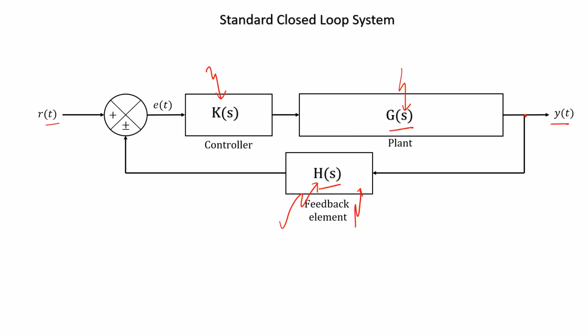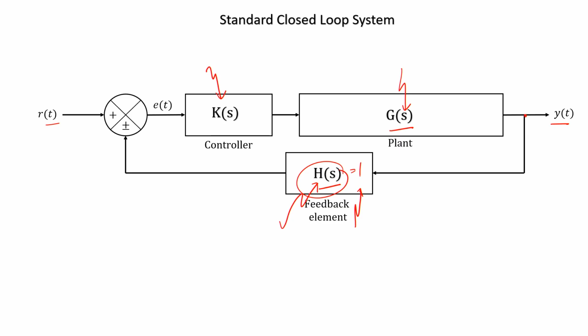We can do that, but there are ways to remove it, and we will talk about that also. For the time being, we are going to consider what is called a unity feedback configuration. What is a unity feedback configuration? In a unity feedback configuration, the H(s) part here is 1.